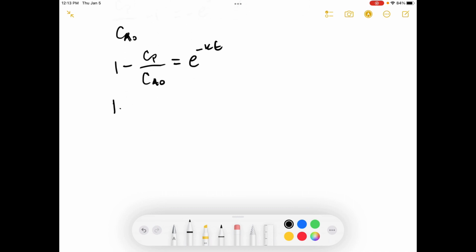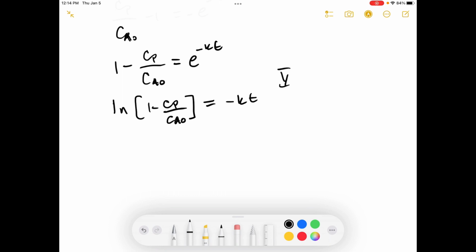So let's take the natural log now of 1 minus Cp over Ca naught equals minus kt. So that means we can use a plot that goes through the origin, basically, of a line.